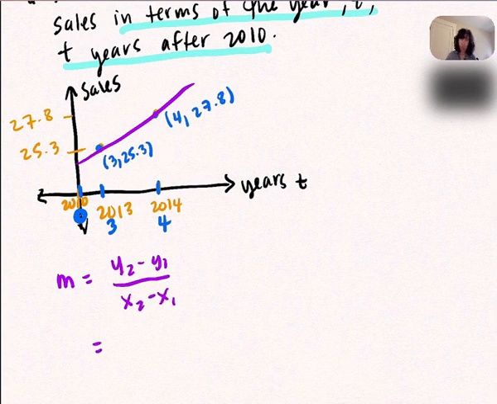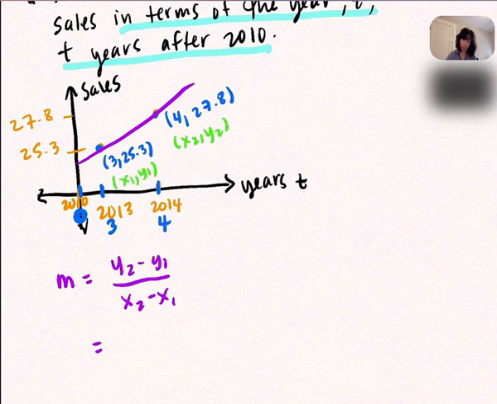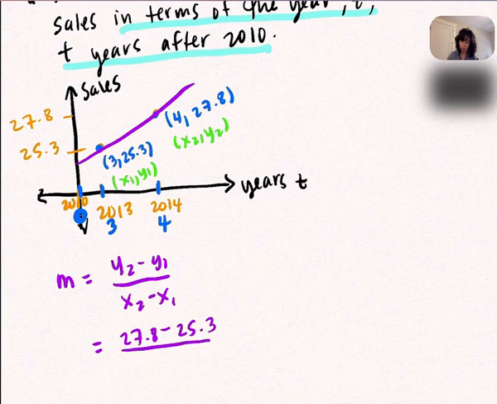It doesn't matter which point you pick to be the first point and which one is the second point. Perhaps I'll go with this one as x2, y2, and this one as x1, y1. Now, if I plug into this formula, I get 27.8 minus 25.3 on the top. I subtract the y values, and then I divide by what I get when I subtract the x values.